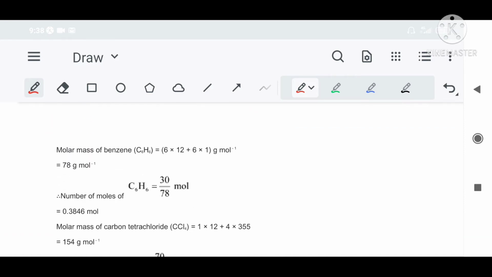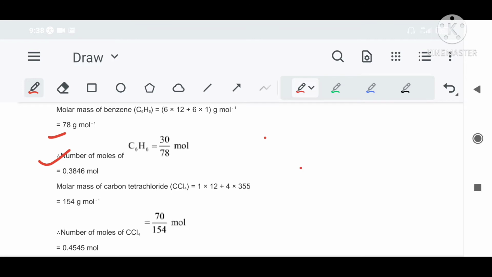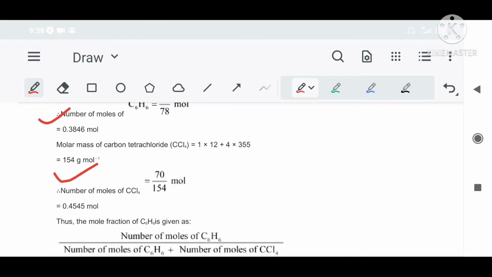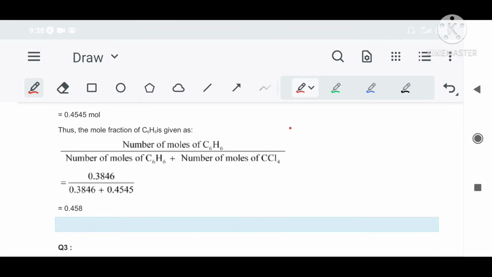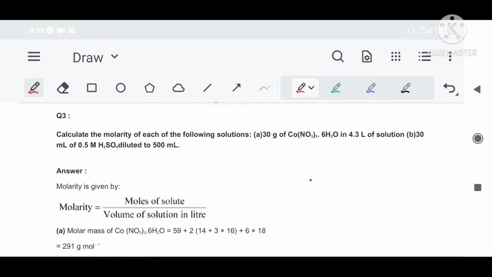After that, the molar mass of benzene we find out, that is 78, then moles of benzene, then moles of CCl4. After that we can find out the mole fraction, because mole fraction X1 is N1 upon total moles and X2 is N2 upon N1 plus N2. In this way we can find out.